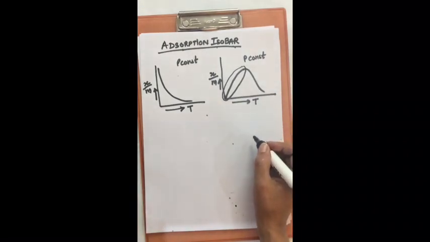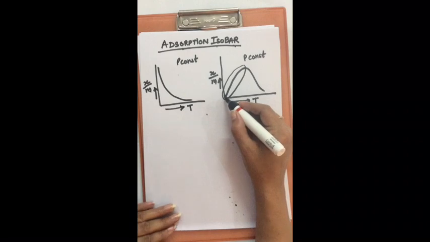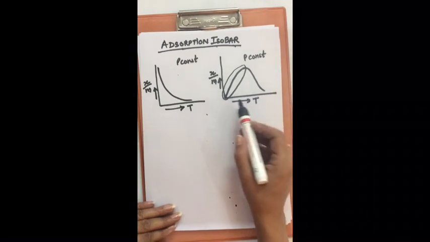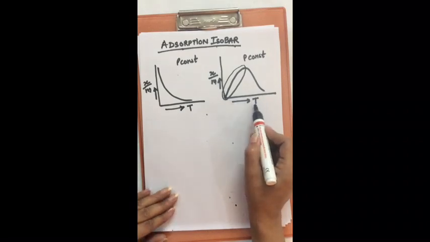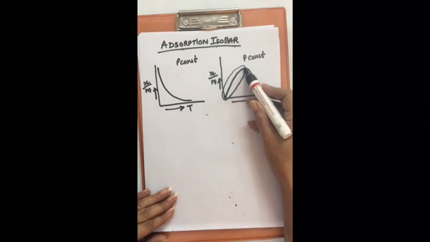Any chemical process, any chemical reaction, the reactants first of all have to be activated and then only they will react. And for activation of reactants, energy is required. They need activation energy. So initial temperature provides energy for reactants to get activated. When reactants are activated, of course, the process will increase.